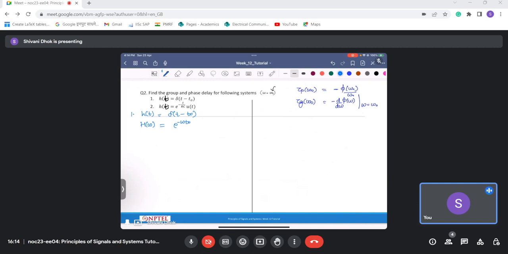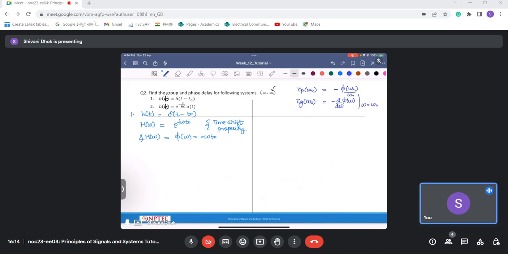So this is basically coming from the time shift property. So now if I look here, then angle of H of omega, which is phi of omega, is equal to minus omega t naught.